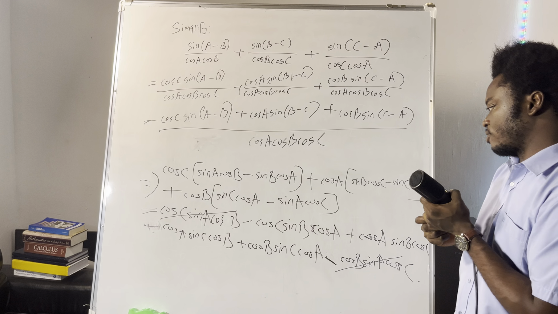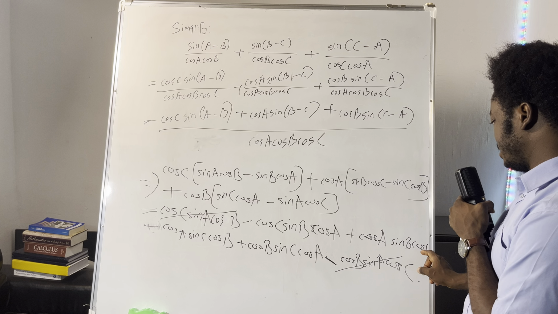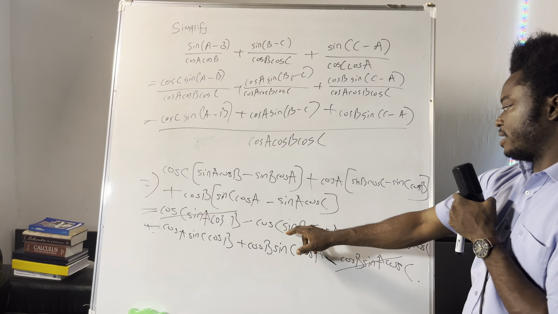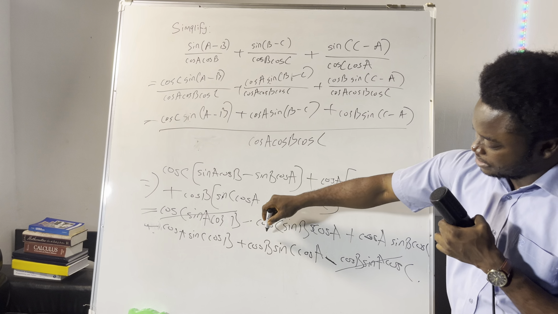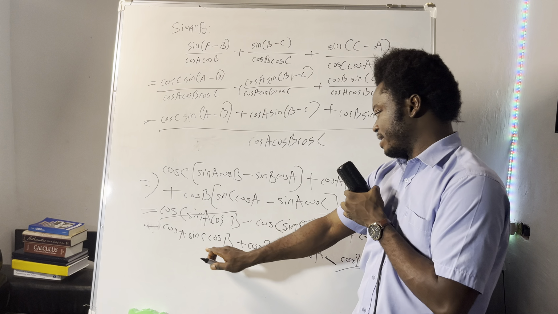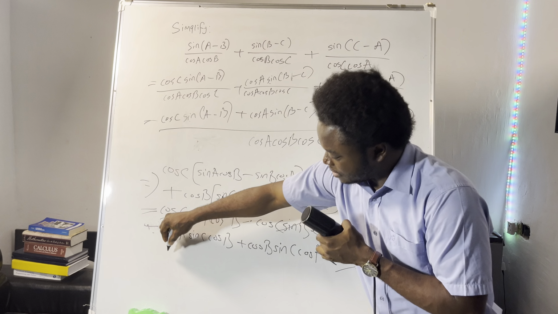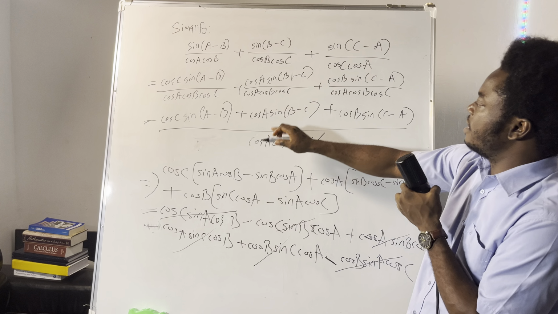Now let's look at the next one: cosine C sine B cos A, cosine C sine B cos A. This and this cancel out. Now let's look at this part: cosine A sine C cos B, cosine A sine C cos B. They also cancel out. So everything here cancels out.